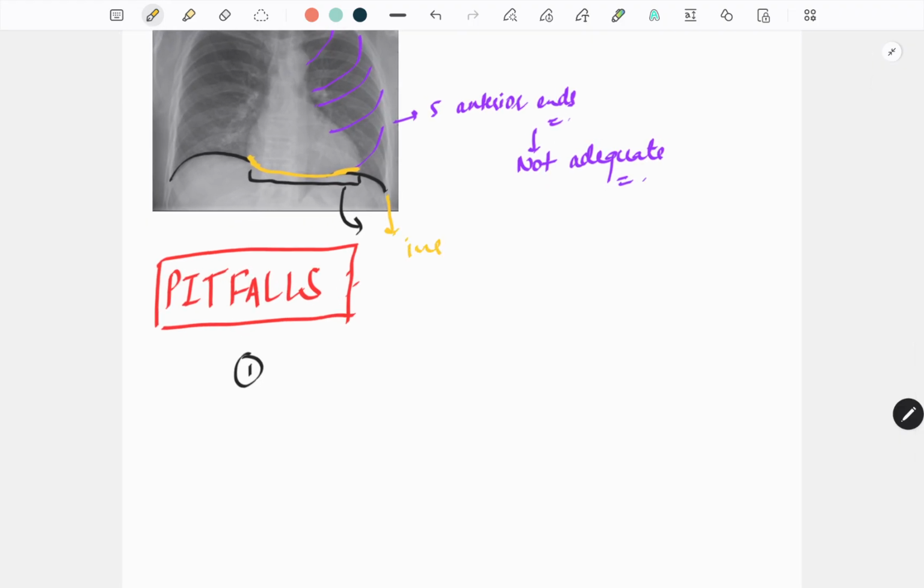Whenever the patient inspires, in adequate inspiration, the diaphragm contracts and pulls down the heart.